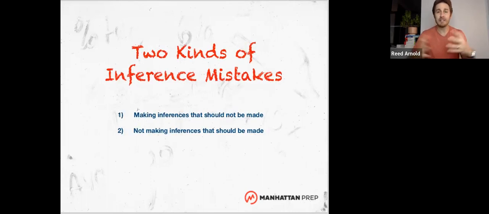You get a sense of how many inferences you need to make. And what this also helps you do is pinpoint which inferences you struggled with on that problem. Where in that problem did something gunk up, to use the technical term? There are two kinds of inference mistakes, and in many ways every mistake you make on the GMAT can be diagnosed as one of them: either you made an inference you should not make, or you didn't make an inference you should make. So this process asks you to lay out each inference after you've reviewed the question, when you're trying to build the logic of the problem.